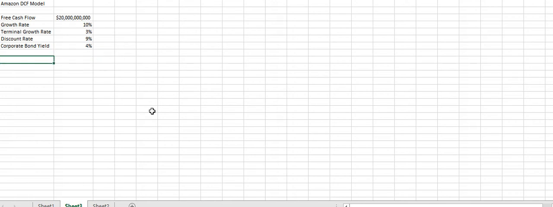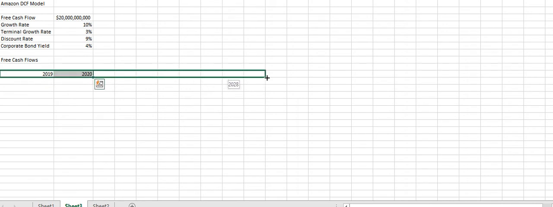So we're going to project our free cash flows here. Okay, and then we're going to start in 2019, and then I'm going to pull this out to 2030.